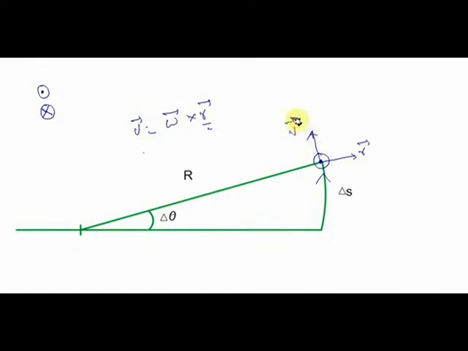So now you know why its name is tangential, because the direction of velocity v is tangent to the circle at this point. Similarly, at any given point the direction of the tangential velocity v would be tangent to the circle at that point. Which also means that the direction of tangential velocity keeps changing with time.